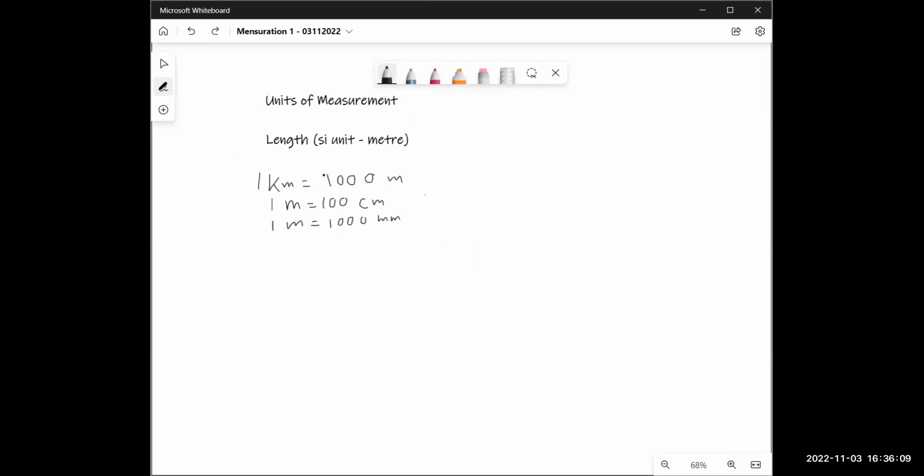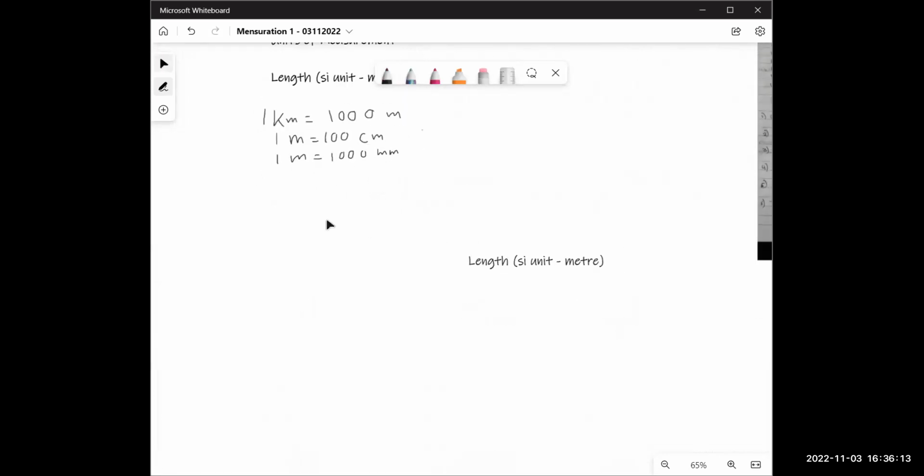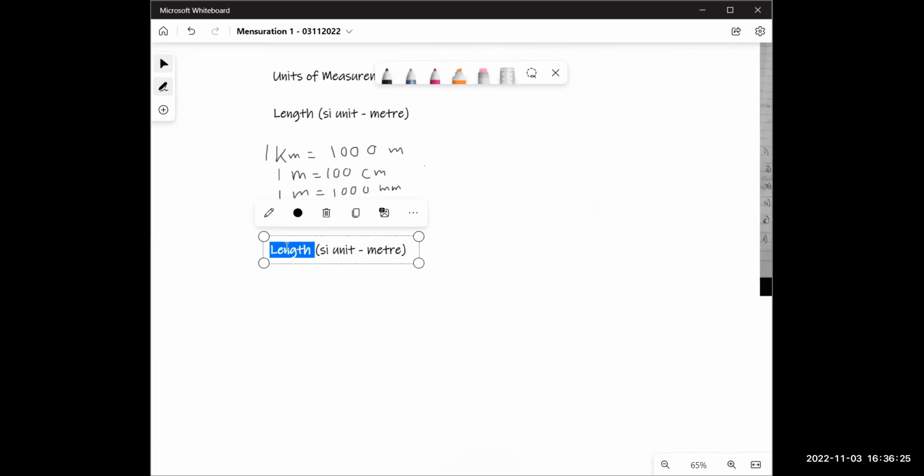Now, we have this. That's for length. There's another one for capacity, and we have one for mass.